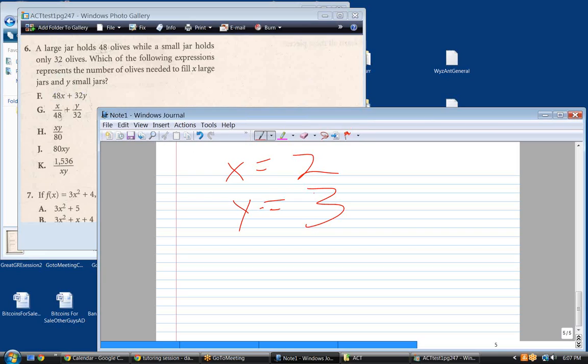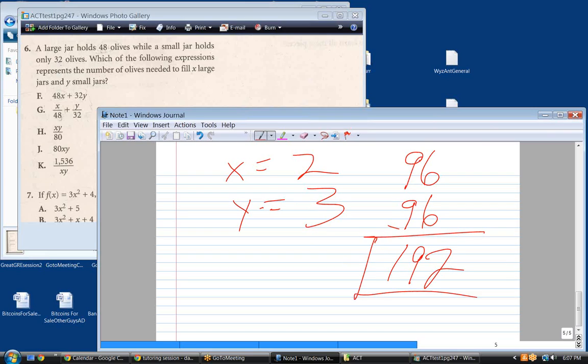To finish out the picking numbers philosophy, let me just finish what I would have said. There's going to be 96 olives for the 2 large jars. There's going to be 96 olives for the 3 small jars. So that totals 192 olives.